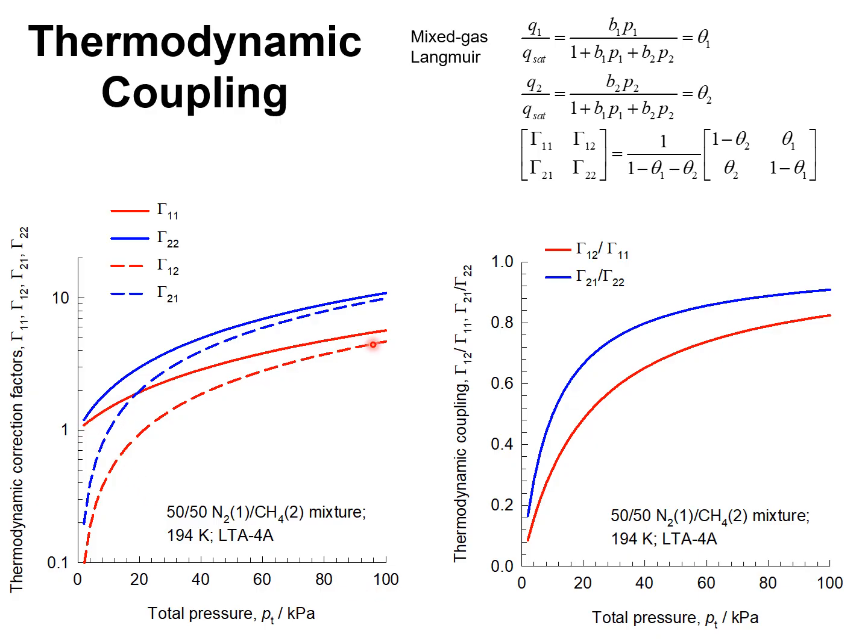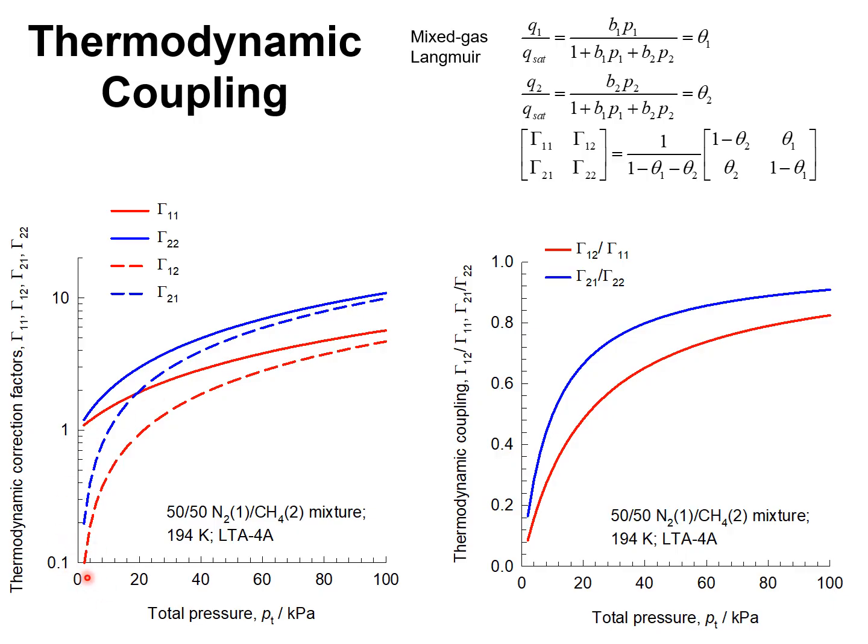The continuous solid lines are the diagonal elements. Red is gamma 1,1, blue is gamma 2,2, and the off-diagonal elements are shown by the dashed lines. Red, gamma 1,2, blue, gamma 2,1.